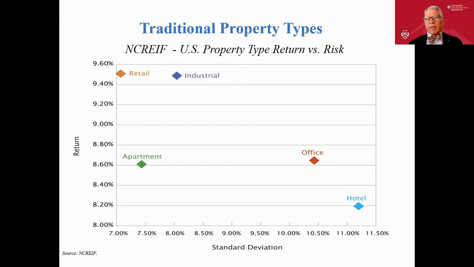They bring it all together and give you an overall index number for the whole thing by property type. And you could look at and say, okay, I'd like to know how office is performing in Chicago, as an example.